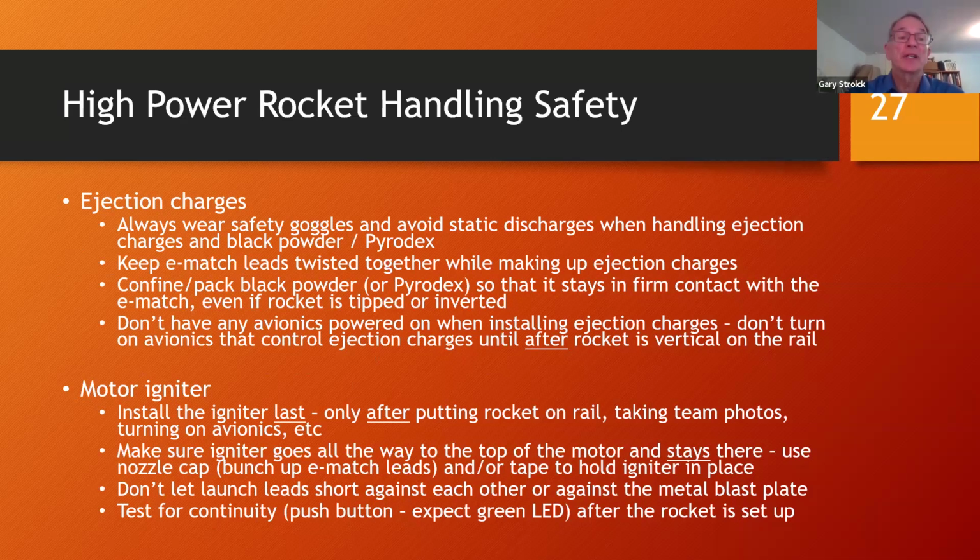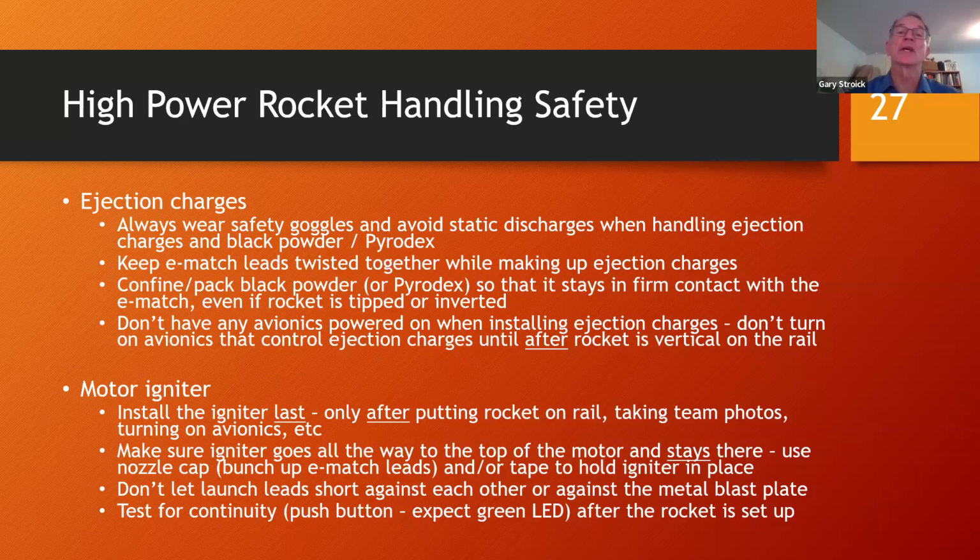With respect to the ejection charges, similar safety requirements apply: wear a face shield or goggles. You want to make sure that if the charge for whatever reason goes off, your face is protected. You want to make sure that doesn't happen.